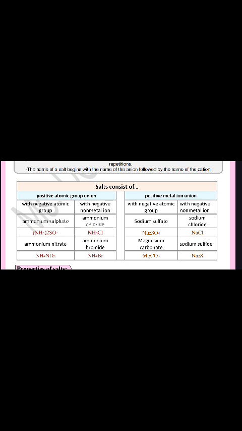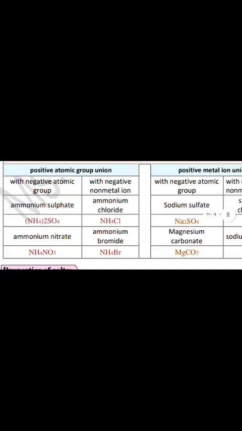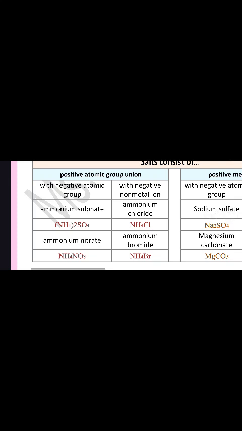The first part is a positive atomic group with a negative atomic group or a negative nonmetal ion. Here, ammonium sulfate like (NH4)2SO4, or ammonium chloride like NH4Cl.